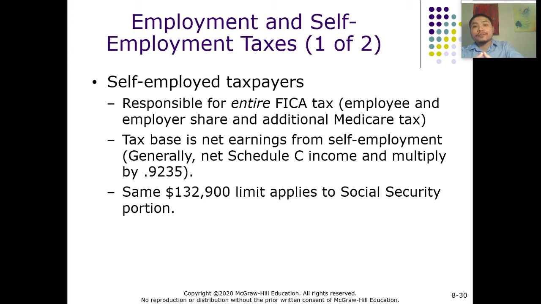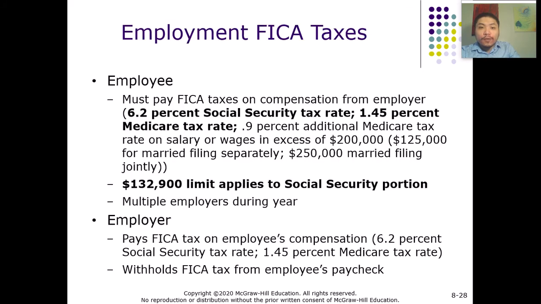For self-employed taxpayers, they can implicitly deduct the portion of the FICA taxes for the employer part, right? Which is 6.2% plus 1.45%, which equals 7.65%.